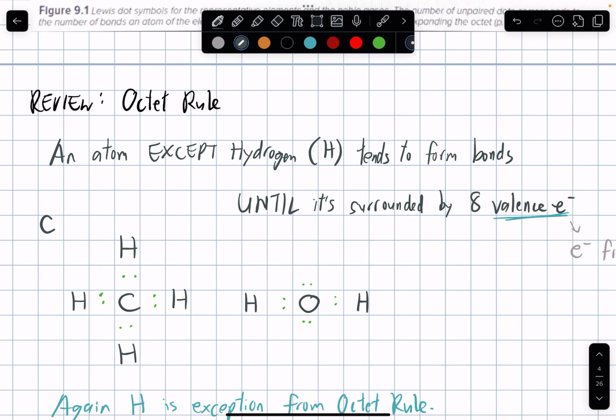We have carbon, hydrogen, hydrogen, hydrogen, hydrogen. For each hydrogen, there's just 1 valence electron. So 2 of these valence electrons could form a single bond.